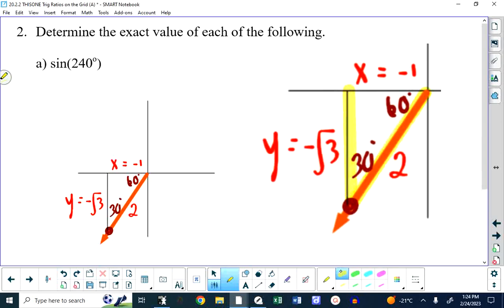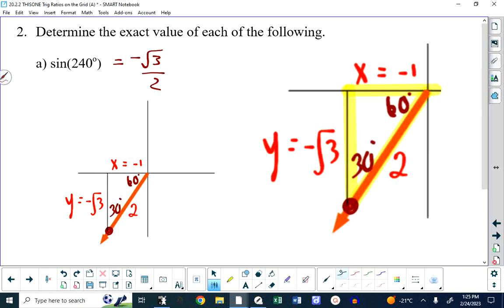We're looking at this triangle, and we're using the definition of sine, because it's sine of 240. Sine is y over r. So y is negative root 3. R is 2. That's what we're doing. This is equal to negative root 3 over 2. It's equal to y over r.